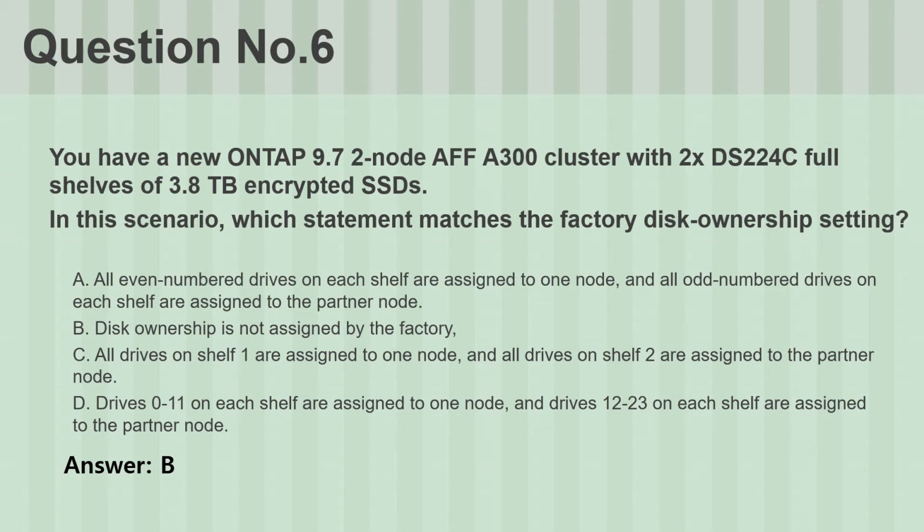B. Disk ownership is not assigned by the factory. C. All drives on shelf 1 are assigned to one node, and all drives on shelf 2 are assigned to the partner node. D. Drives 0 to 11 on each shelf are assigned to one node, and drives 12 to 23 on each shelf are assigned to the partner node. Answer: B.